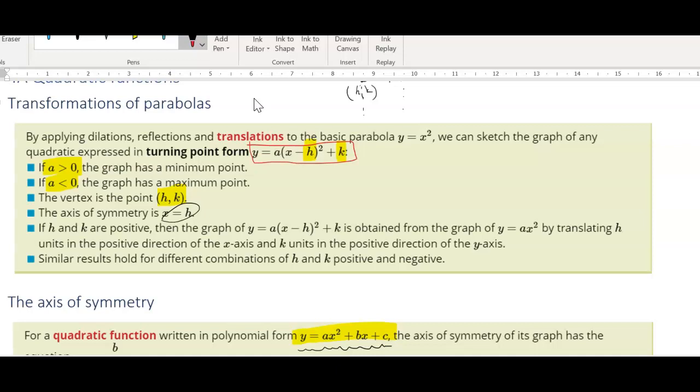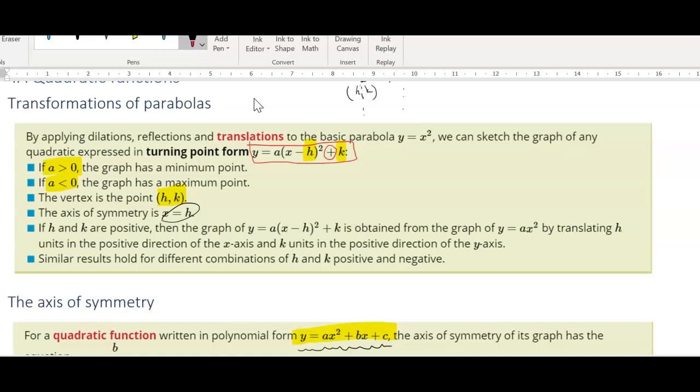Now, see how A is positive? A doesn't necessarily have to be positive, but let's just say it's a positive parabola and it's been shifted up by K. That means it's not going to have any x-intercepts. Basically, if this is a plus, if you've got a positive parabola that's been shifted up, you're not going to have any x-intercepts.